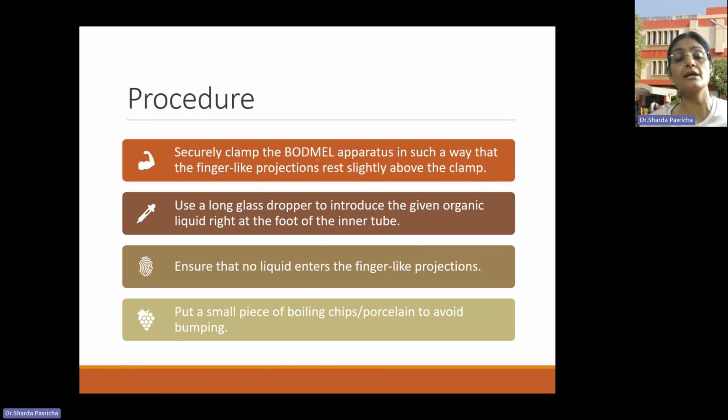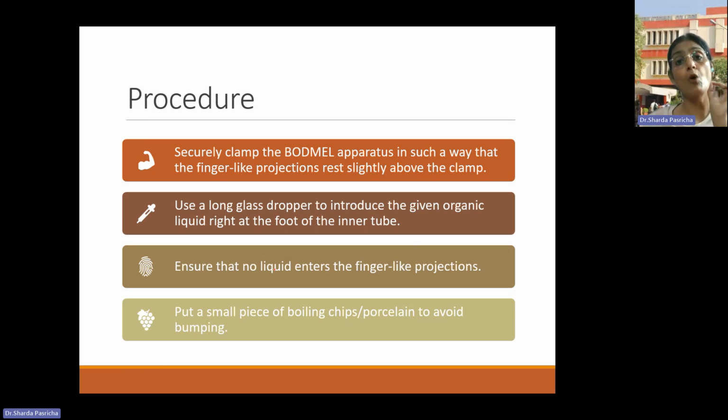You will securely clamp the apparatus in such a way that the finger projections rest just above the clamp. Using a long glass dropper, you will introduce the given liquid right at the foot of the inner jacket. Then you will ensure that no liquid is entering into the finger-like projections.